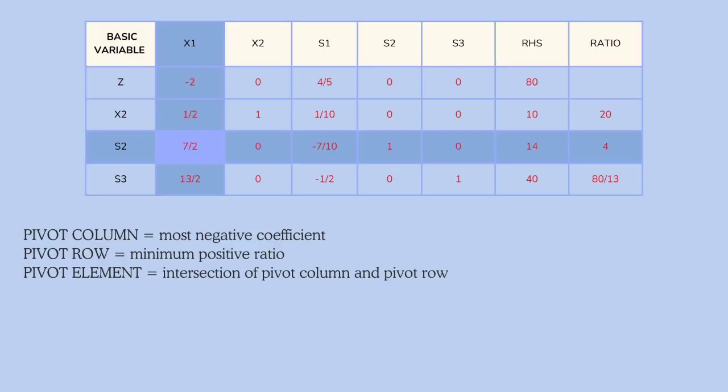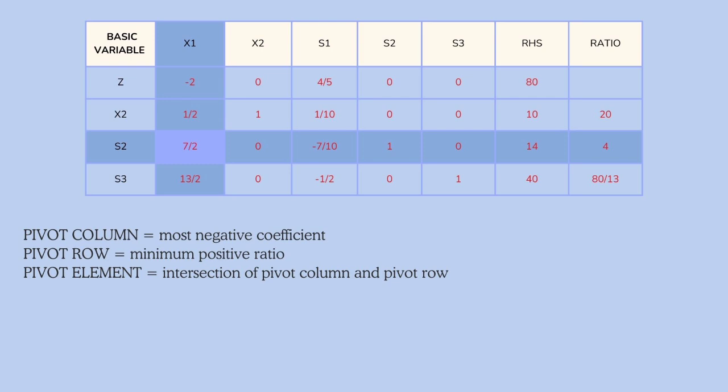Ito yung most negative coefficient sa objective function or yung Z. So, kapag titingnan natin yung sa Z, doon lang tayo tututok ha. So, kapag titingnan natin yon, ang nandun na lang na may negative is yung negative 2. So, ito yung ating pivot column.